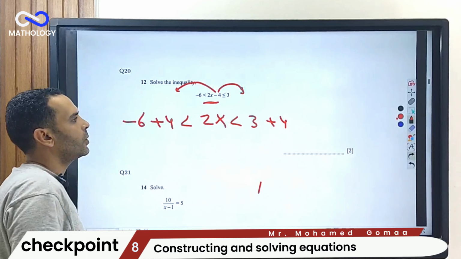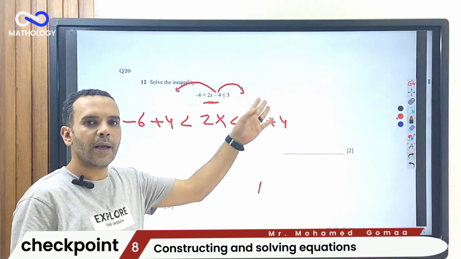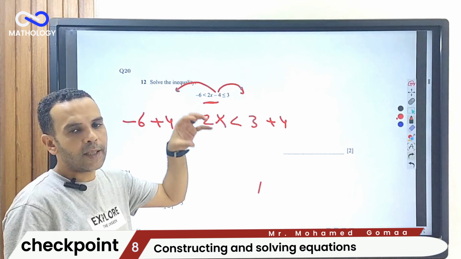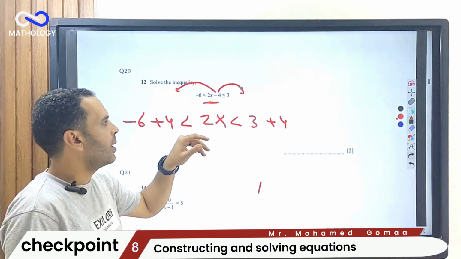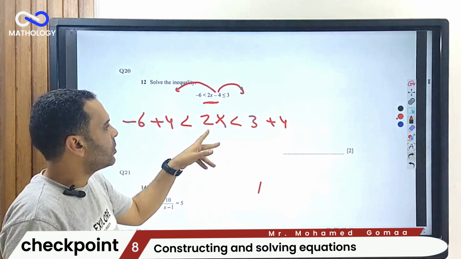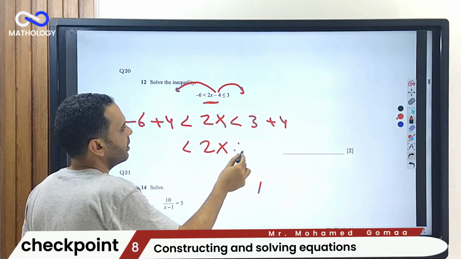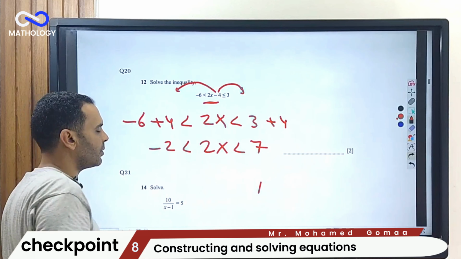Or to cancel -4, you have to add 4 to all sides. Add 4 to the right side and the left side, and add 4 in the middle. Why? To cancel -4. The remainder will be 2x in the middle and 7 on the right, and -6 plus 4 will be -2.